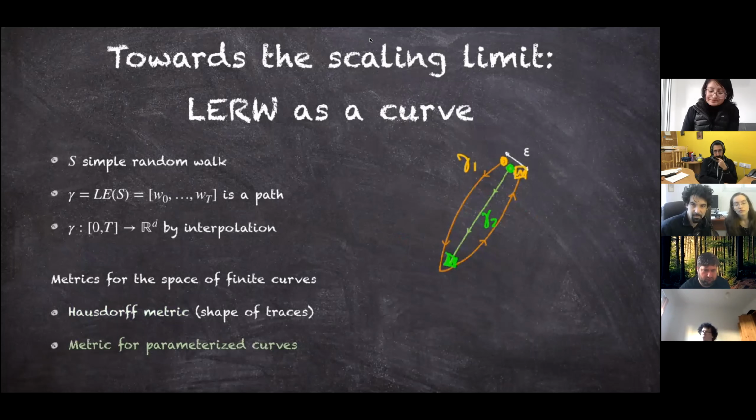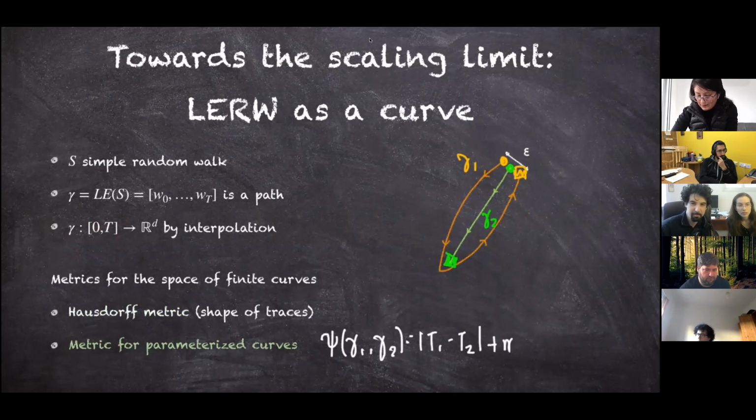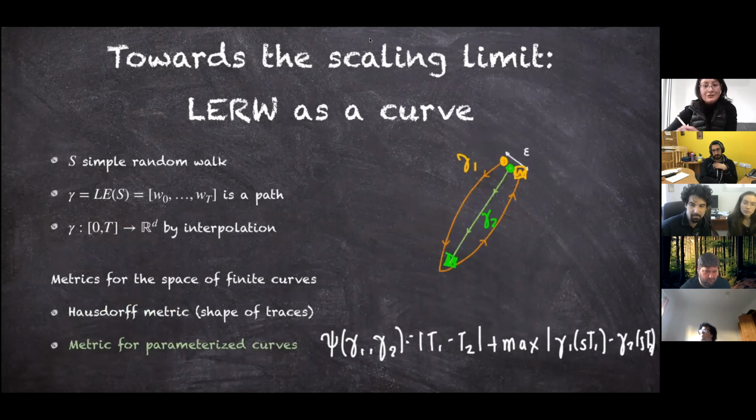So if I have a proper metric for my curves, for example, I could say that the distance between gamma 1 and gamma 2 is the difference between their lengths, as in how large is the interval where they are defined, plus the maximum over s of gamma 1(s) minus gamma 2(s), comparing how they are traversing the paths.